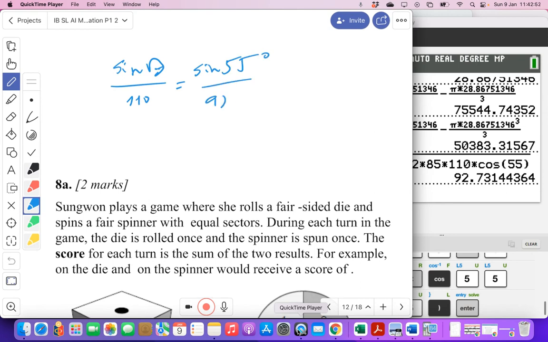I can use the exact one there. And then I'm going to solve this equation by taking the inverse sine of 110 sine 55 divided by 92.7.